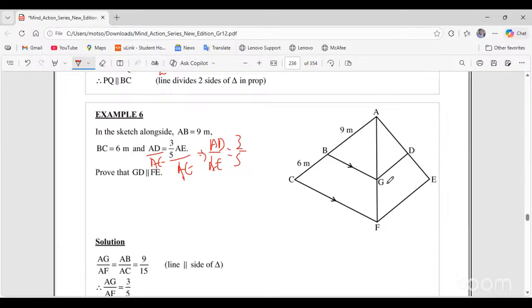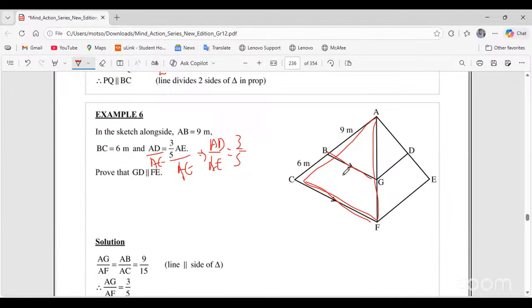Now we come to this triangle, guys. In this triangle, we can see that we are given that this line is parallel to that line. What can you say about that? If we are given a triangle with some line that is parallel to the third side of this triangle, then the proportionality theorem is applicable.